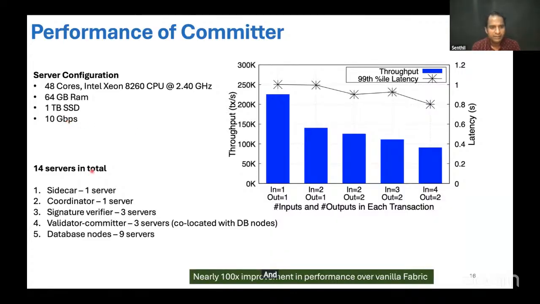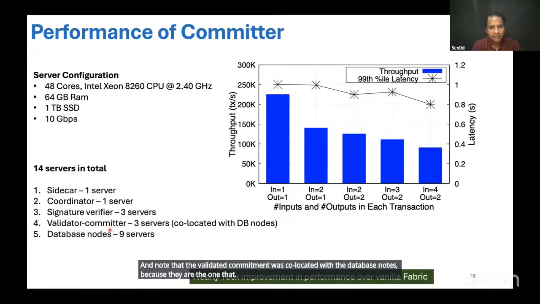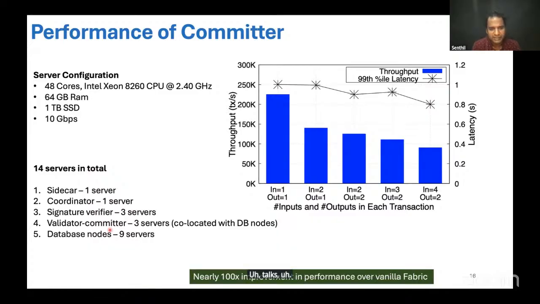The committer itself was deployed using 14 servers: one for the sidecar, one for the coordinator, and the signature verifier took 3. The validator committer took 3 servers, and the database nodes were 9. Note that the validator committer was co-located with the database nodes because they are the ones that talk more with the database, right? So we co-located them.